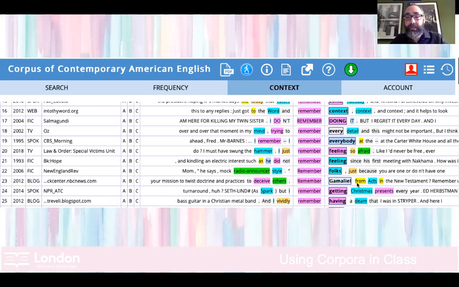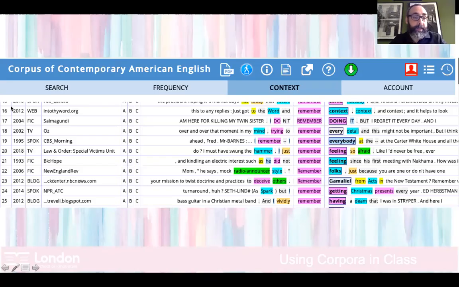As you can see here, in this example of Corpora, the Corpus of Contemporary American English, we have the word remember, and examples of remember plus -ing, like remember doing it, I just remember feeling so afraid, or remember getting and remember having.